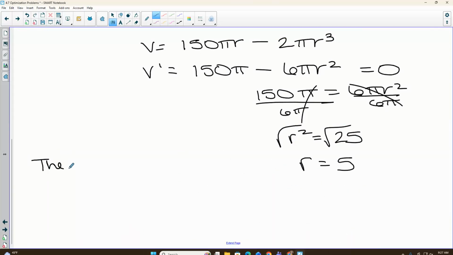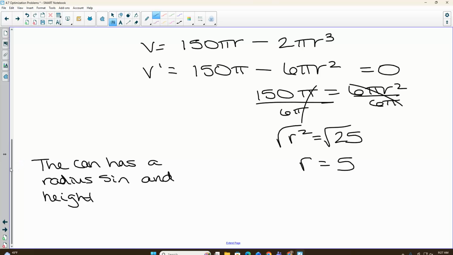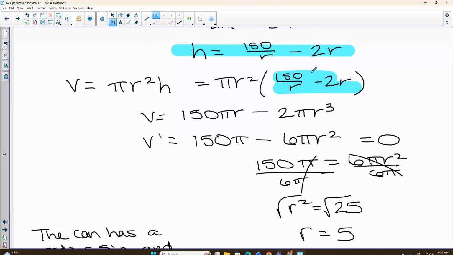So the can has a radius 5 inches and height. If I plug my 5 back into my height, we get 20.